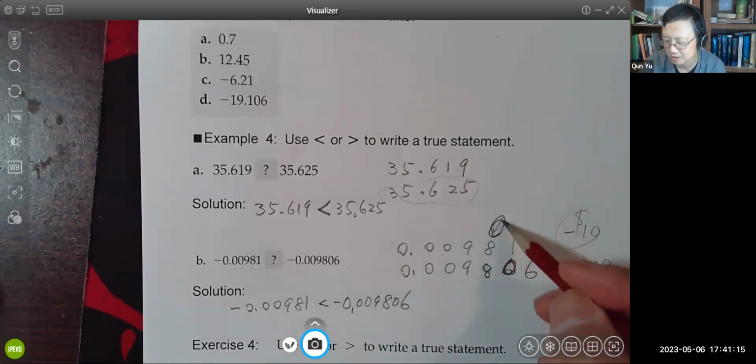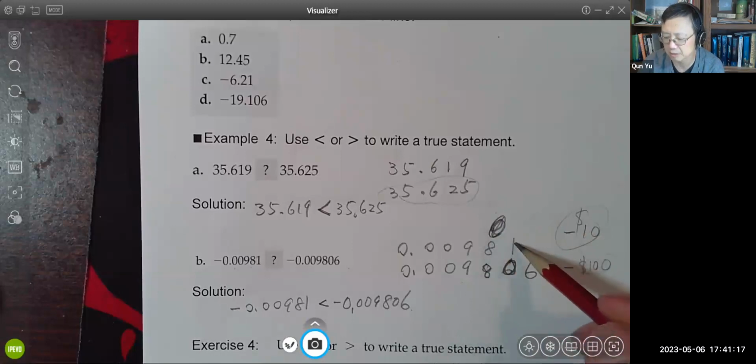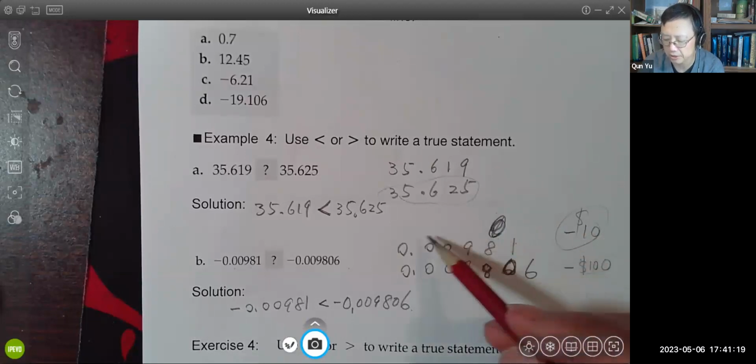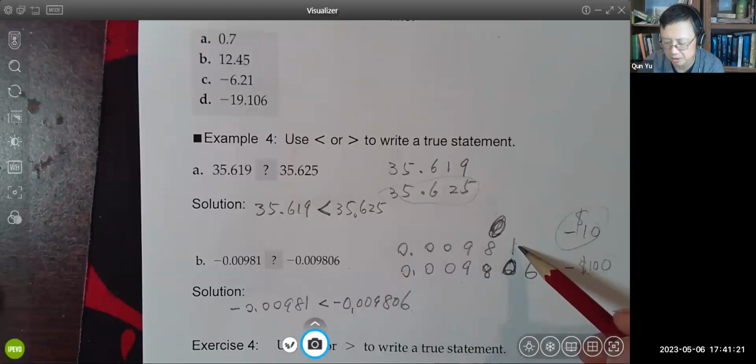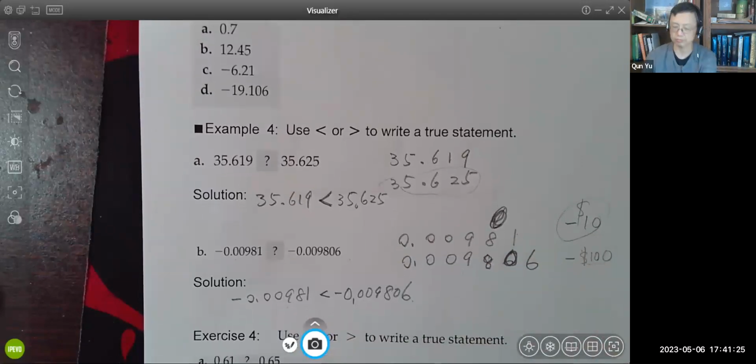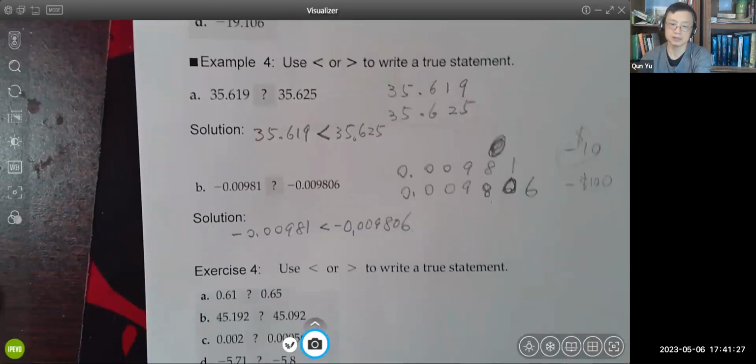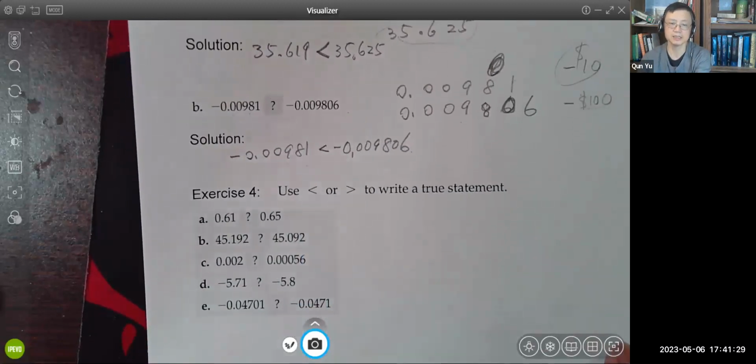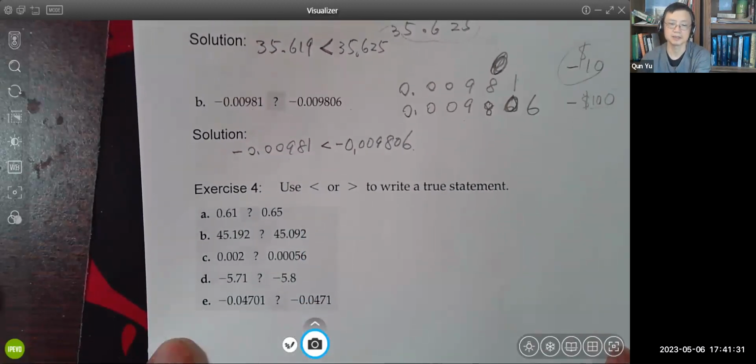Still correct. So it is the same. This one is bigger. As a result, this whole thing is bigger, but it's a positive number. So a negative number is smaller. This is still true. Okay, here's your exercise set. Compare these numbers.